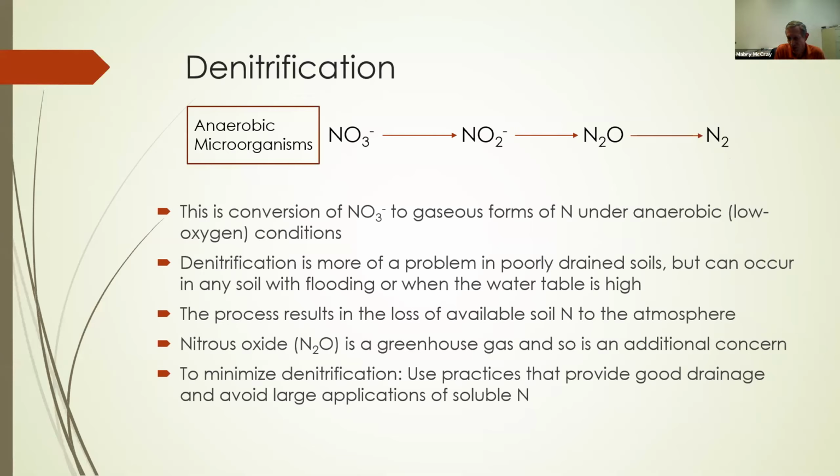The process results in the loss of available soil nitrogen to the atmosphere. And if you're losing nitrous oxide, that's a greenhouse gas, so that's an additional concern. To minimize denitrification, you need to use practices that promote good drainage and also avoid large applications of soluble nitrogen, where you have a lot of nitrogen that's available for denitrification.